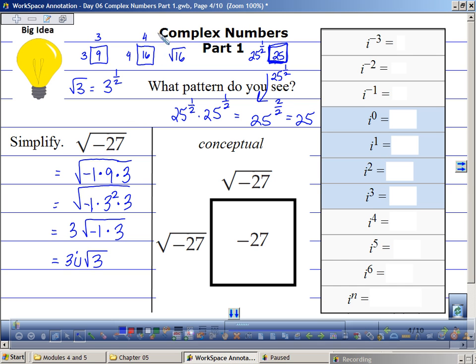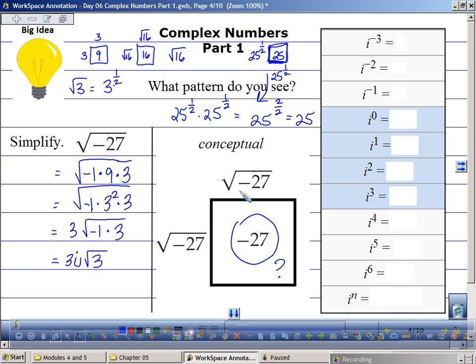But I think it's helpful when I do this to say, just like if I said root 16 times root 16 is 16, correct? So couldn't I say root negative 27 times root negative 27 is negative 27? What's wrong with this? Why can't it be negative? Because no area is negative.